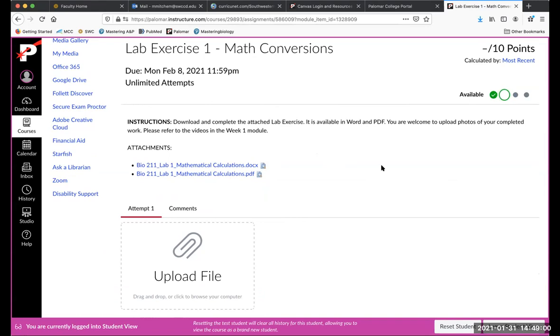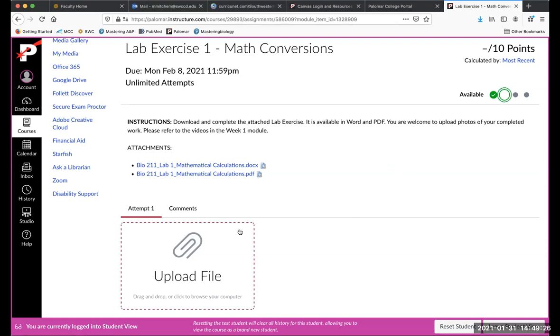And what that means is I'm looking to see that you've completed all the fields that require an answer. You don't need to get them all correct to earn the full points here, unless I give you specific instructions for part of an assignment. But I do need to see an answer. So if you leave an answer blank, that could lead to a point deduction on a lab activity.